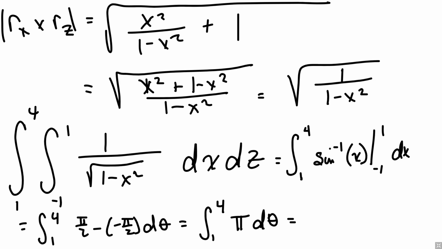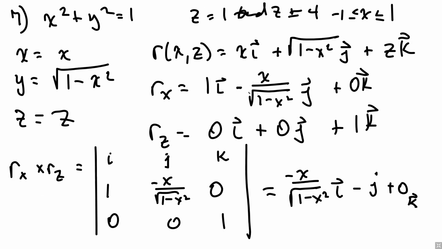And what did I leave out? Hold on. Oops. Let me go back one screen. So z is going to be 1 to 4.